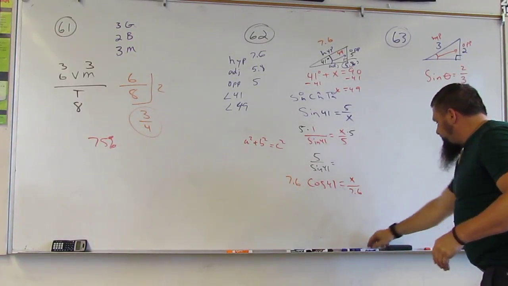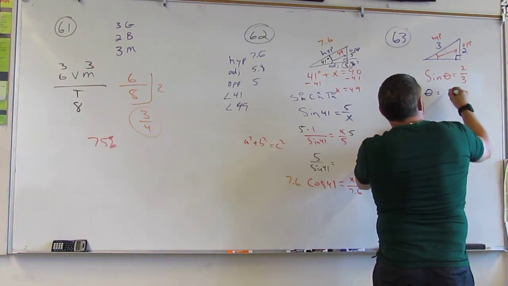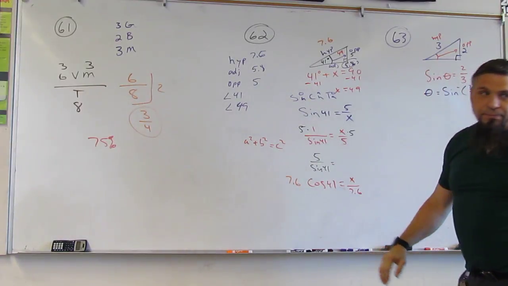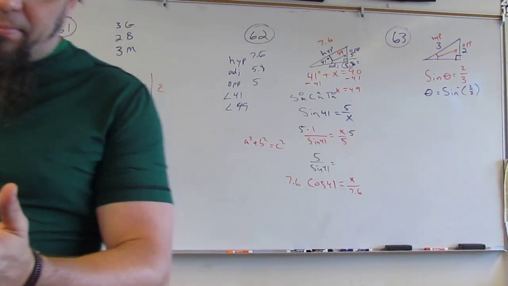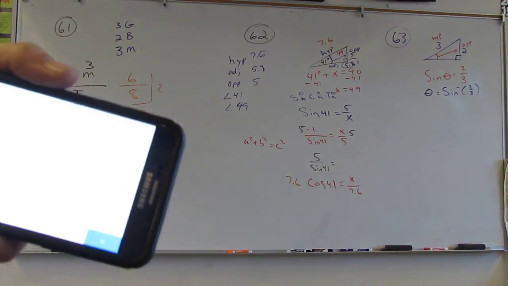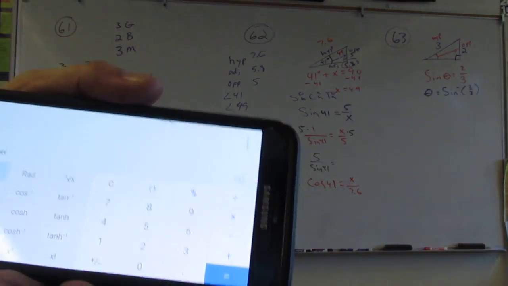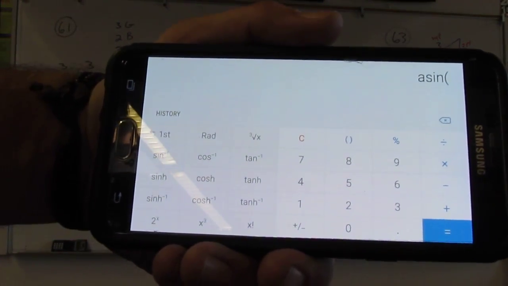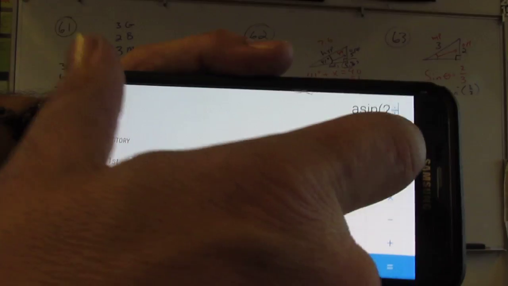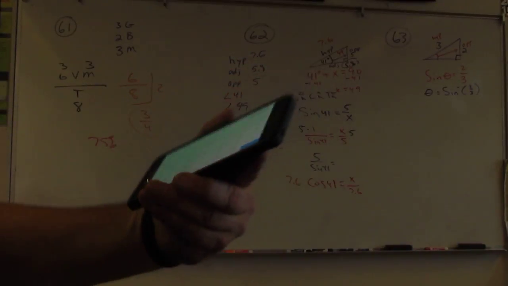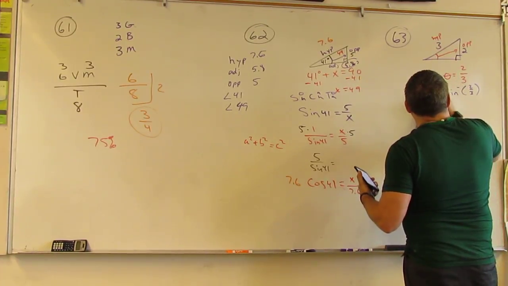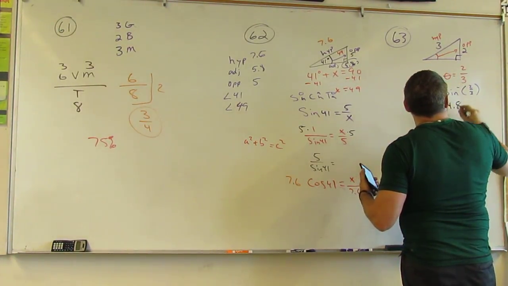That means theta is equal to the sine inverse of 2/3. I'm going to take the second sine inverse, 2 divided by 3, and it's 41.8. That means theta is 41.8.